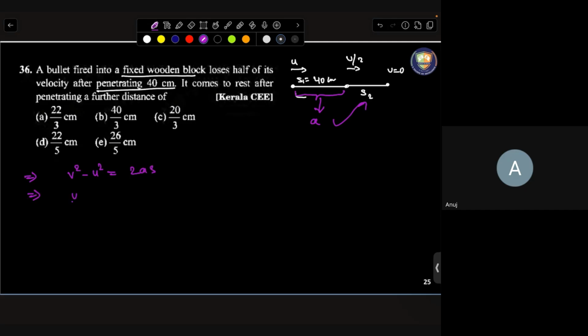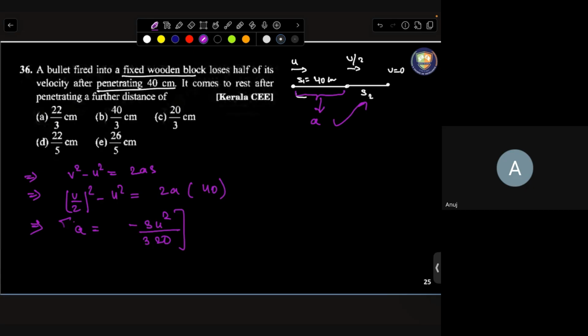Final velocity is u by 2 whole square minus u square equal to 2as, s was 40. Since we want to keep the answer in centimeters, we can leave it like that. Acceleration is minus 3u square by 40 into 2, 80 into 4 is 320. So basically minus 3u square by 320 is the acceleration we are getting.